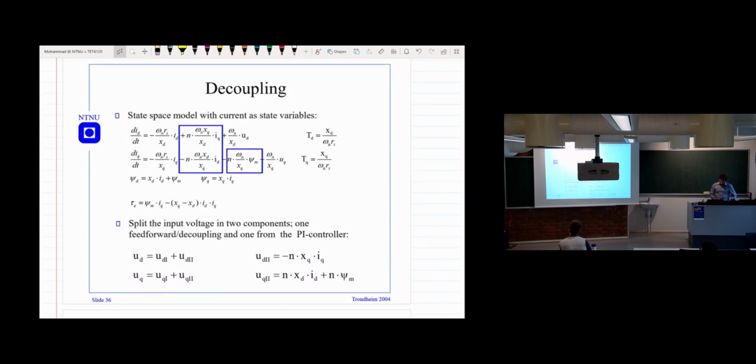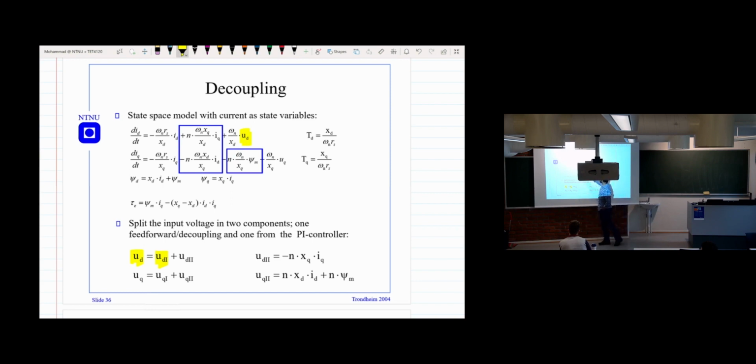So we can represent the control voltage, the input voltage to the machine, with two terms. One is the PI controller. The first term, Di, is the PI controller term. And the second term here is from the feed-forward term and the cross-coupling term. In the first one, we have only the cross-coupling term, which is n Xq Iq.